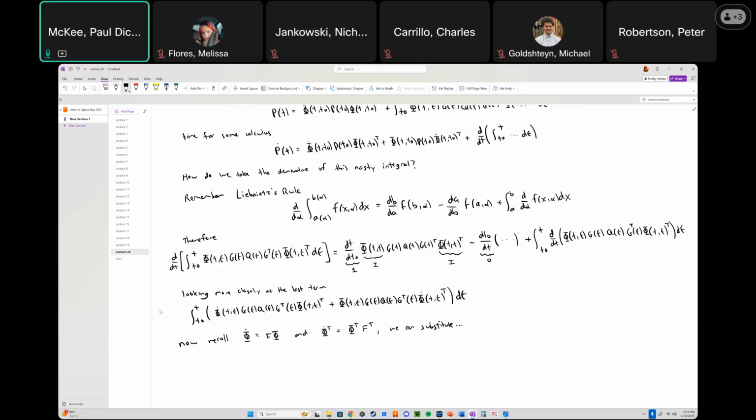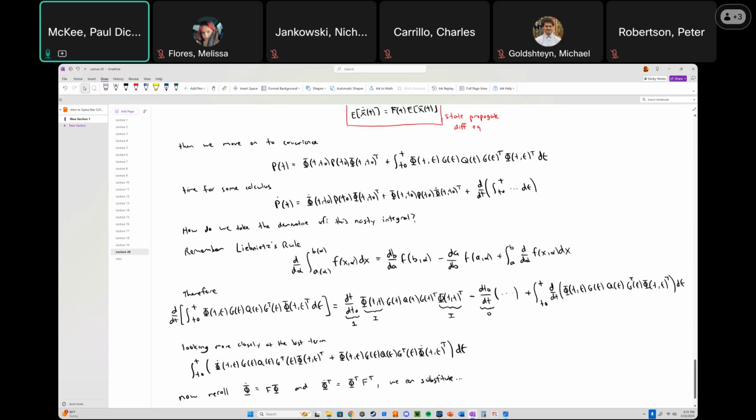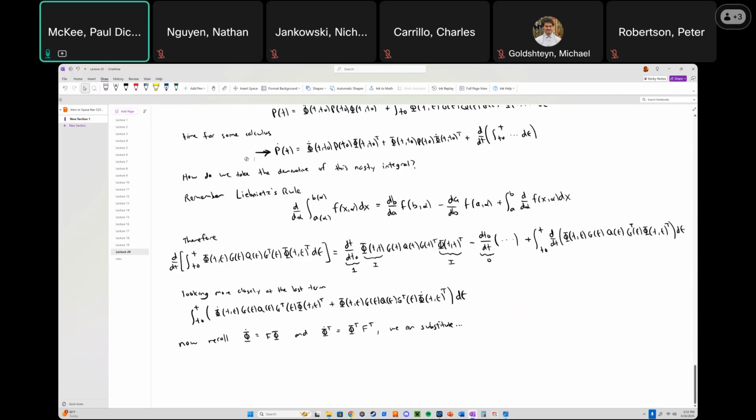All right. So where are we? We are actually at this equation right here. That's where we are. So we're saying p dot of t is phi dot p naught phi transpose plus phi p naught phi dot transpose plus the integral of all this stuff, which we just said is 0 plus this term, and we're about to start to simplify everything. So we're bringing it all together into one equation again.